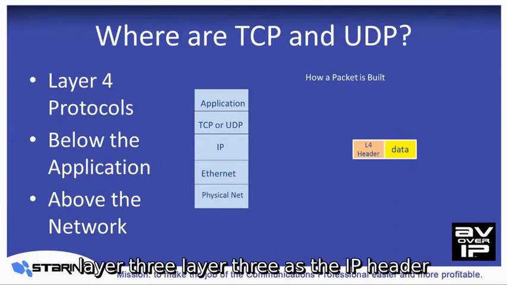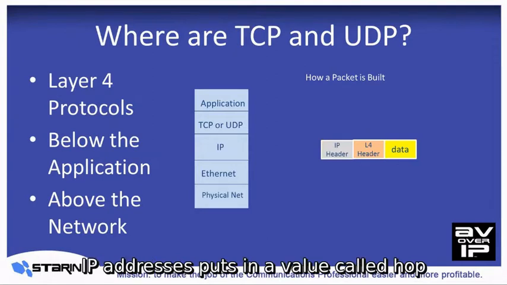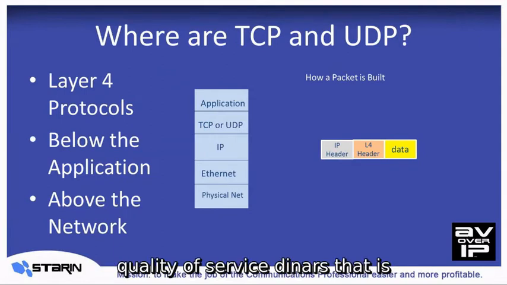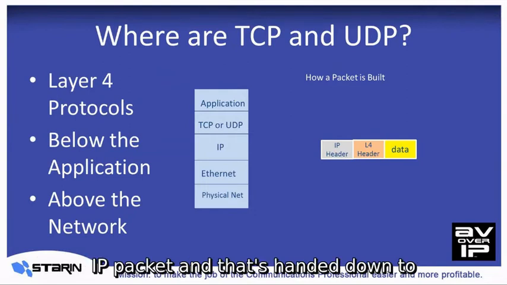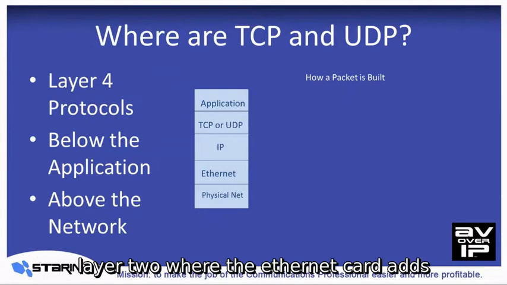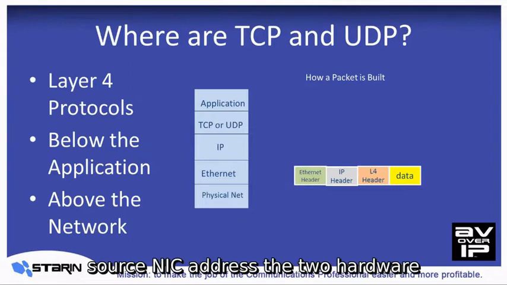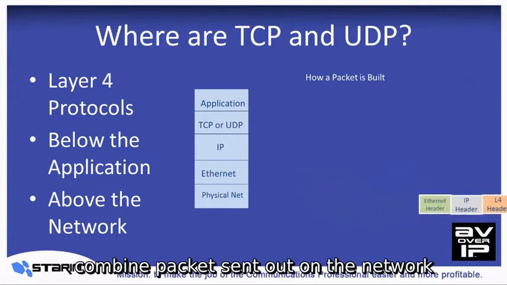Layer 3 adds the IP header, which puts in the source and destination IP addresses, puts in a value called hop count, and puts some other values in, like quality of service values, that is, precedence values. That's called an IP packet, and that's handed down to layer 2, where the Ethernet card adds the destination NIC address and the source NIC address, the two hardware addresses of the two cards that are going to send and receive this, and that combined packet is sent out on the network.